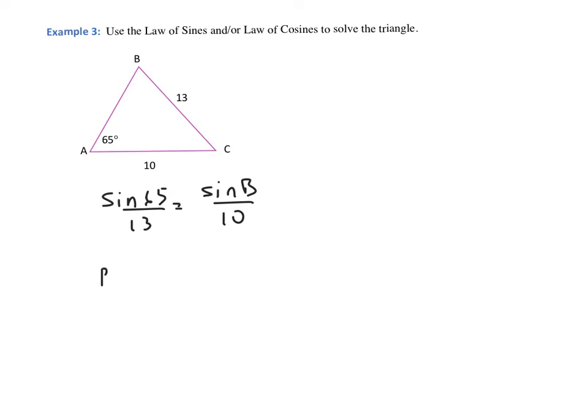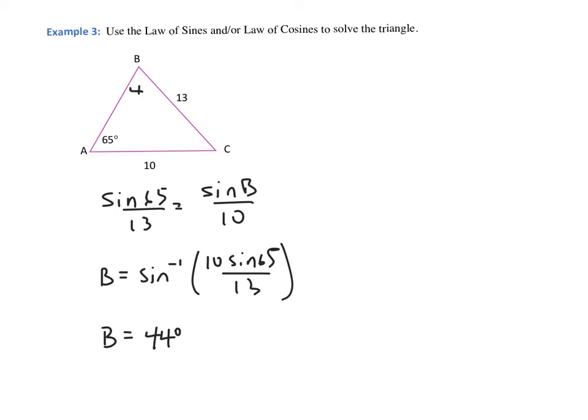So I'm going to eventually get what? B is equal to sine inverse of what? 10 sine 65 over 13. All right, type that in. Tell me what B is equal to. 44 degrees. So if B is 44 degrees, this is how we help determine the second triangle.